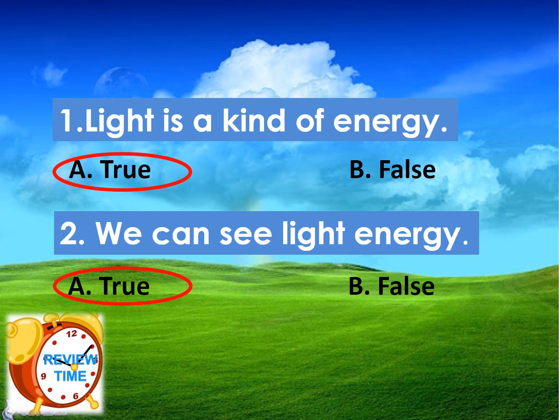It is true that we can see light energy. So what part of the body do we use to see the light energy? Right, we use our eyes. What sense do we use to see the light energy? Correct, we use our sense of sight.